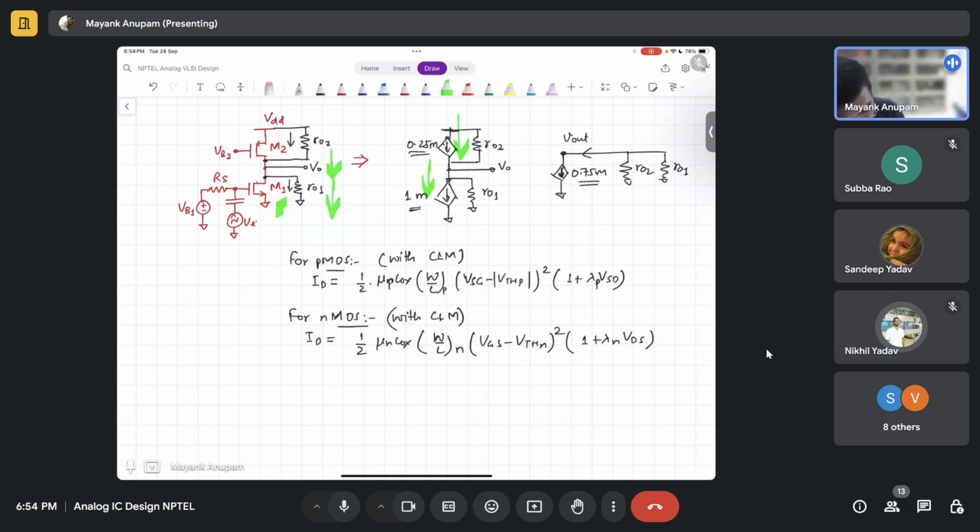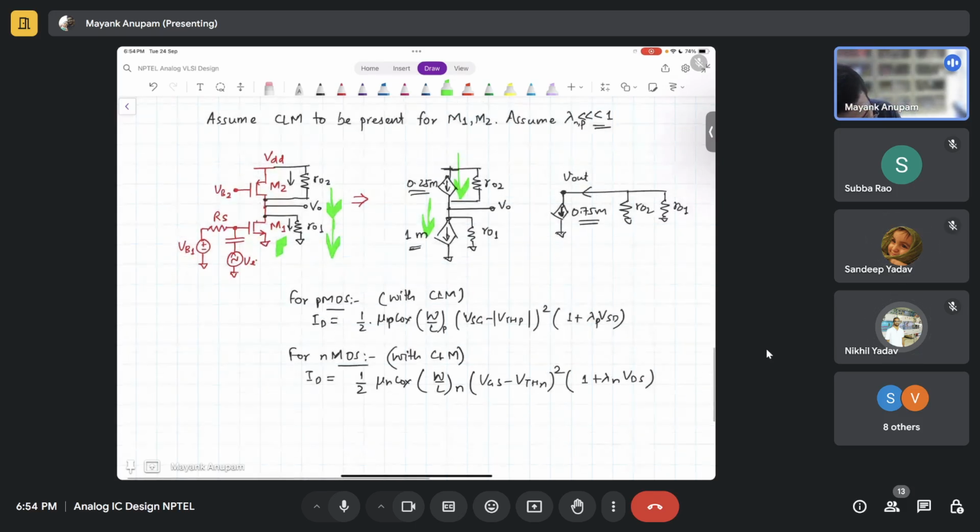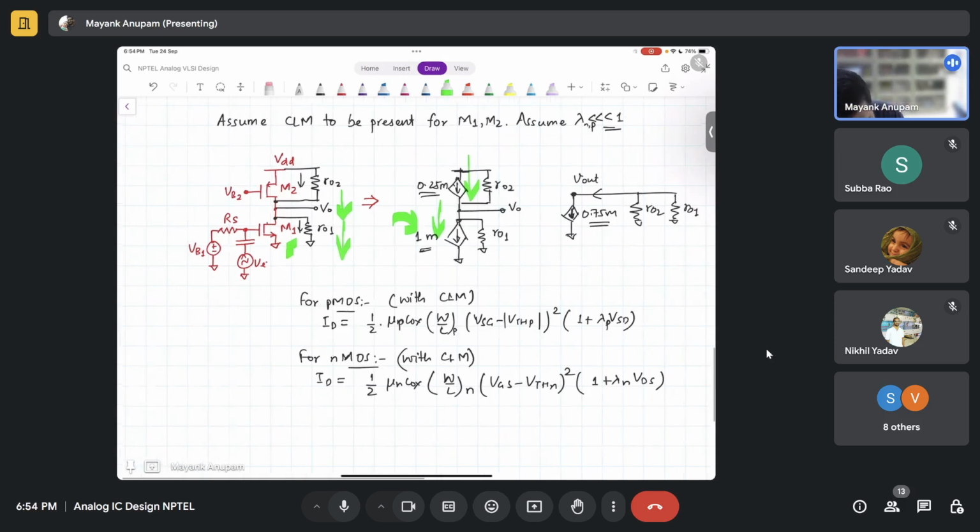Isn't that something which we desire? NMOS is actually requiring larger current. It is demanding more current than PMOS could supply. It is demanding 1 milliampere, whereas the PMOS is only supposed to give 0.25 milliampere. So what is going to happen? It is going to tell the drain to please go down.